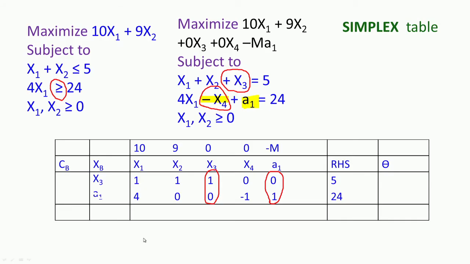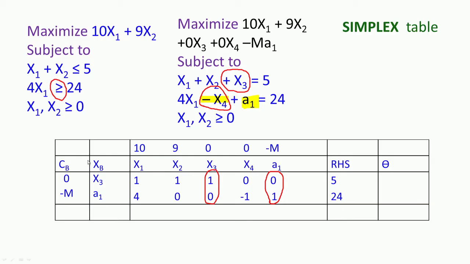So, x3 and a1 are the two variables with which we start the solution. Now, the objective function coefficients of these two variables are: x3 has a 0 contribution, a1 has a minus M contribution. So, 0 and minus M.